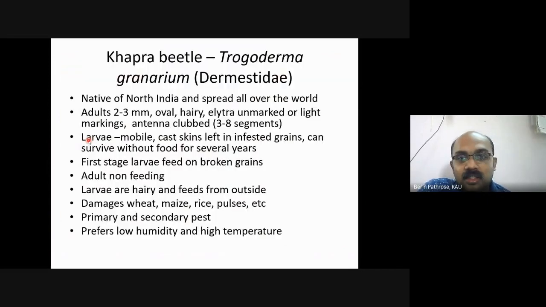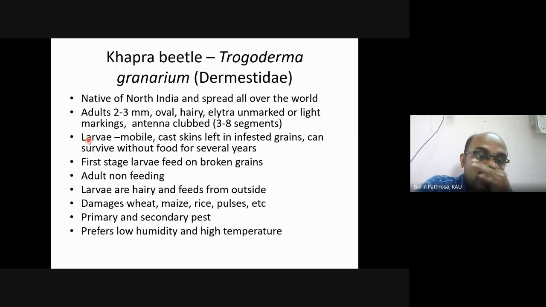Okay. Then coming to the next one, Khapra beetle, Trogoderma granarium. Basically, it's a pest of North India. We usually don't get Trogoderma infestation in our state because this is a pest which prefers extremely dry condition and high temperature. In Kerala, high temperature is not that prevalent, and almost always we have a humid condition.